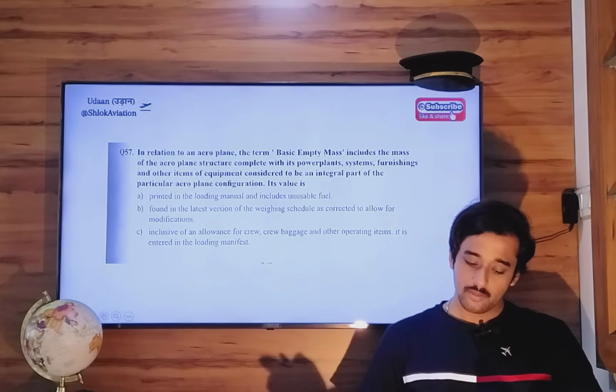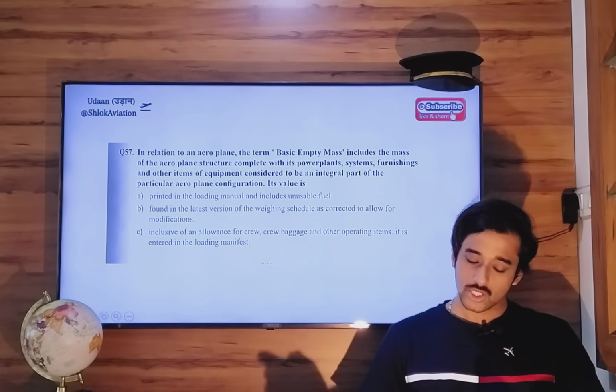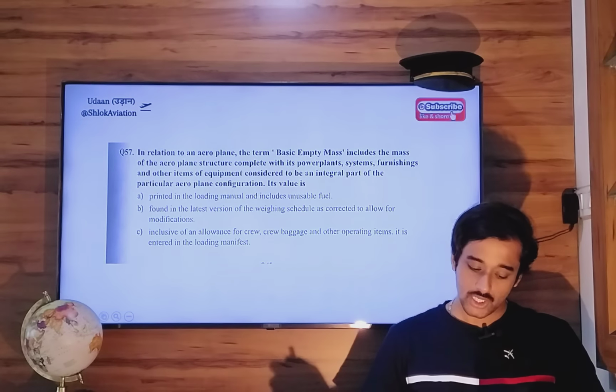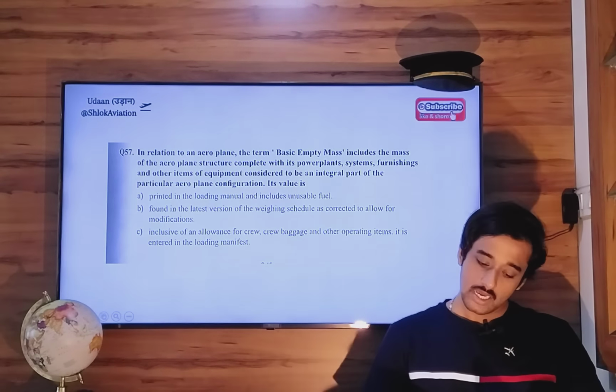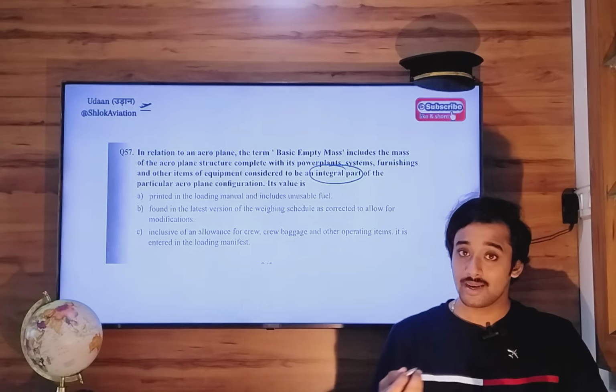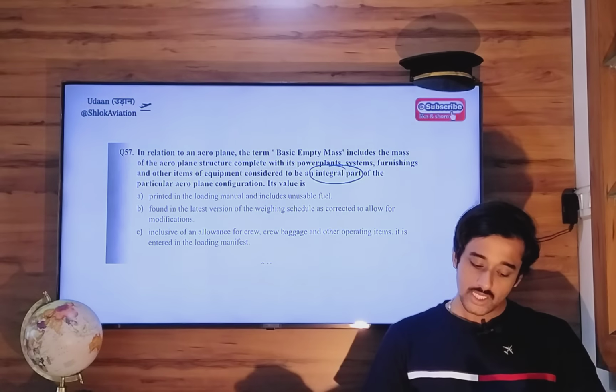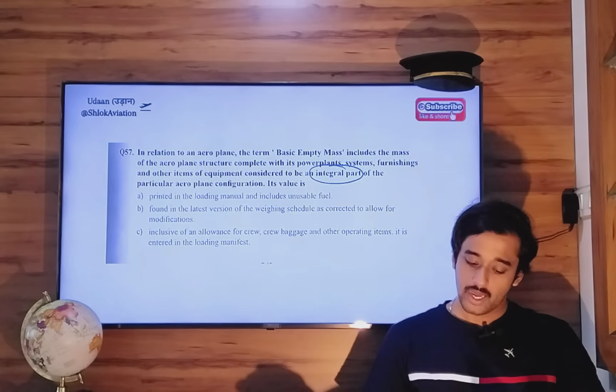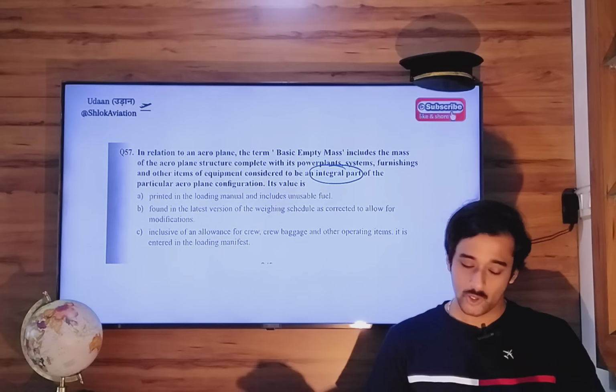In relation to an airplane, the term basic empty mass includes the mass of airplane structure, complete with its power plant, systems, furnishings, other items of equipment considered to be integral or standard. Its value is printed in the loading manual and includes unusable fuel.